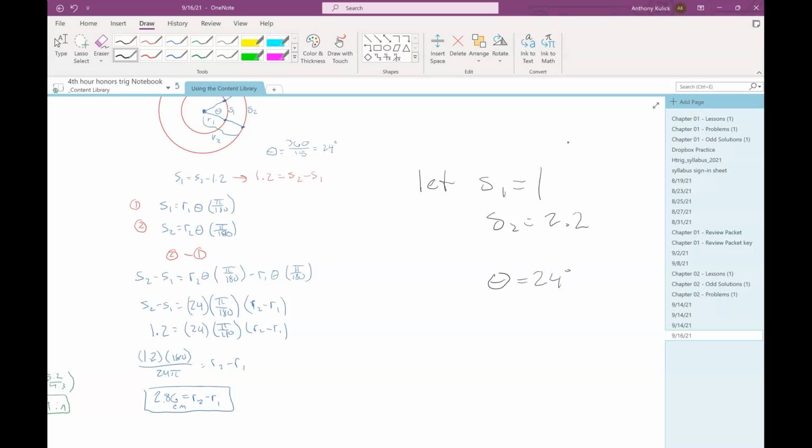If you know one is this much bigger than the other, you just pick a value. A positive value. You can't pick 0 or negative, but no one's going to pick -5 for your arc length, I hope.